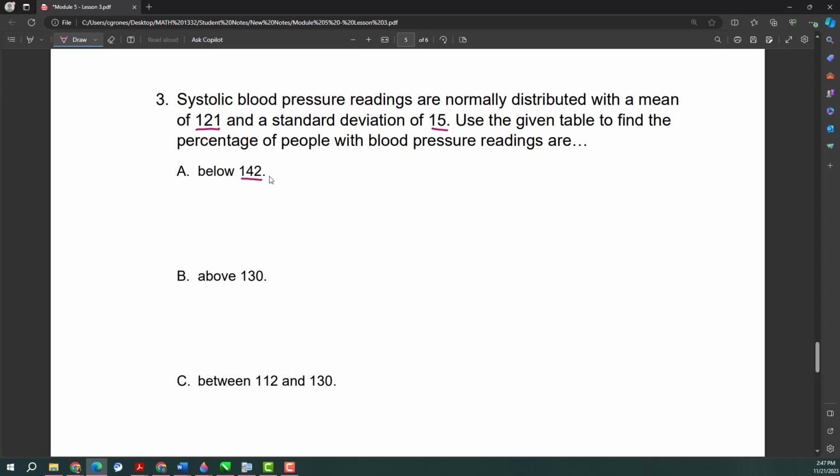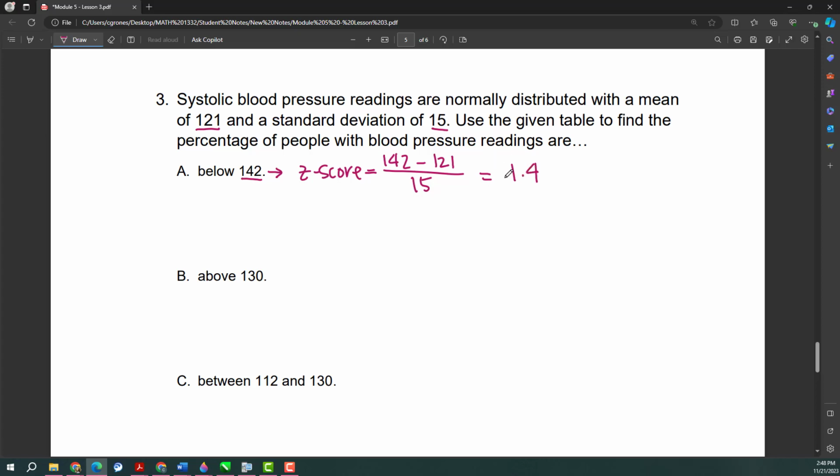So we have to first convert this to a z-score. Remember our z-score, we take the data item minus the mean and then divide by the standard deviation. So 142 minus our mean of 121 and then divided by the standard deviation of 15 should give us a z-score of 1.4.